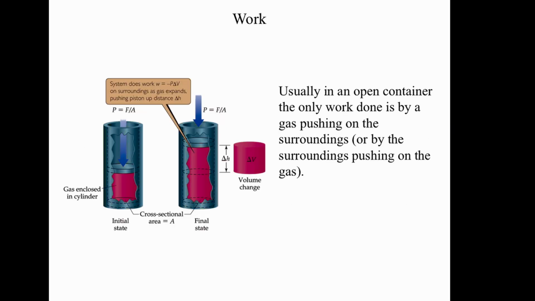Other ways chemical systems can do work. Here's a piston in an enclosed cylinder. Like the other day, we saw a gas in there. So when this thing moves up and down, there's pressure from the atmosphere poking down. If this thing moves up, it's going to do work on the surroundings.